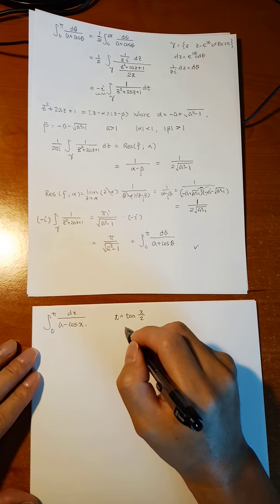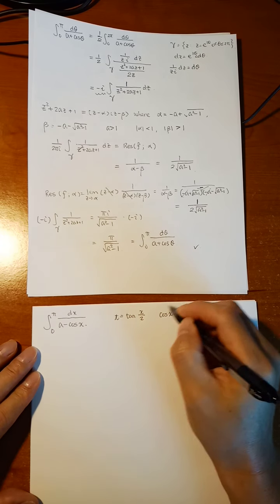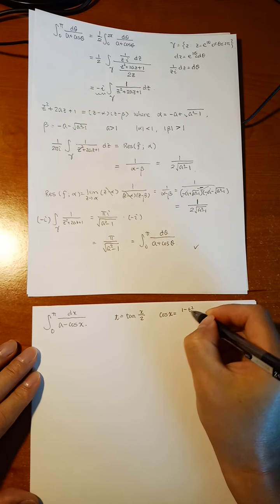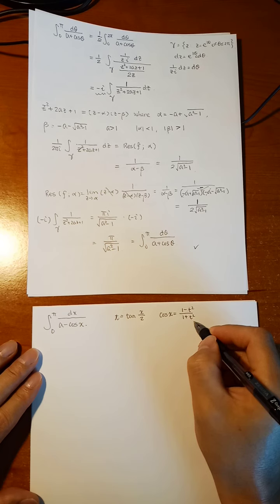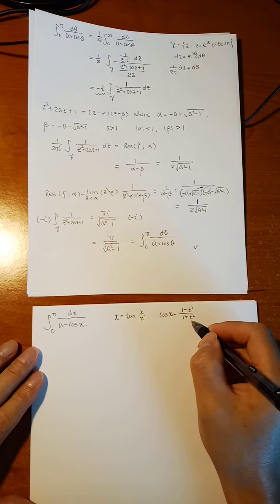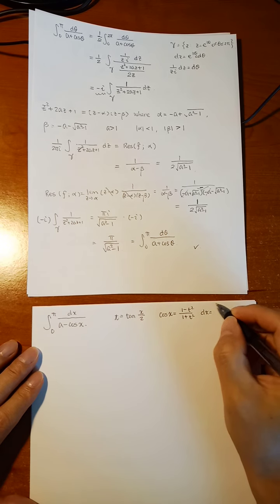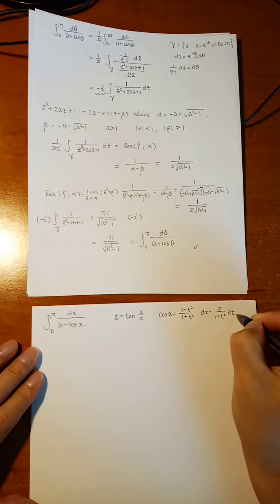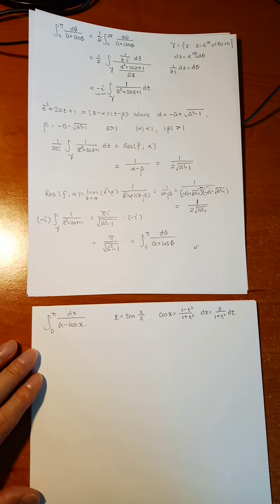If t is tangent of x over 2, you can compute that cosine of x is 1 minus t squared over 1 plus t squared, and dx becomes 2 over 1 plus t squared dt. These are not difficult, you just check it and you can get it.